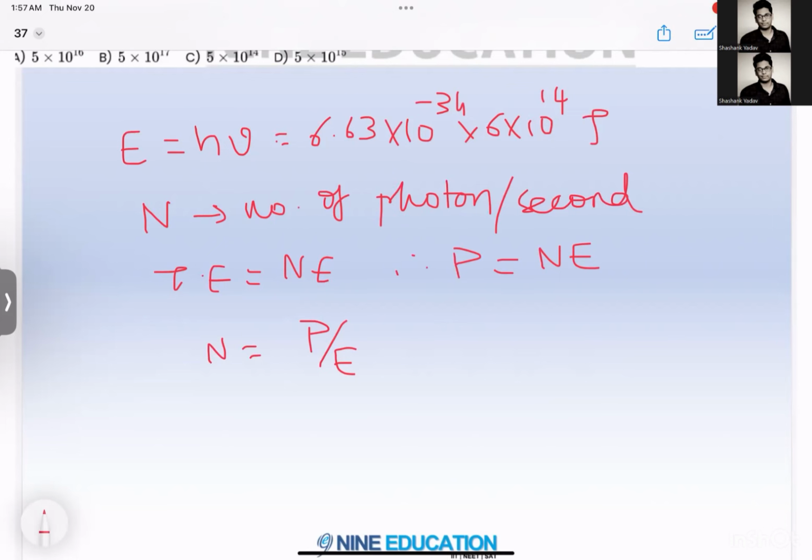Then we can write total energy per second is n into E. That means total energy per second is power. Power is equal to n into E. N is equal to power by E.